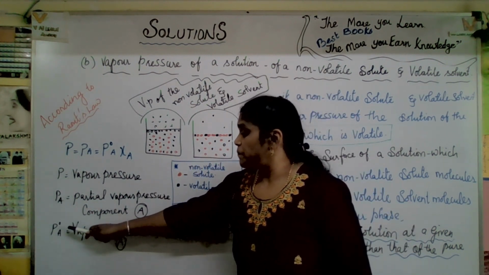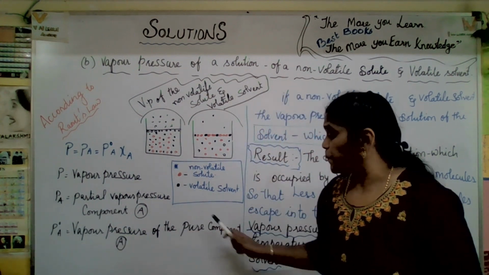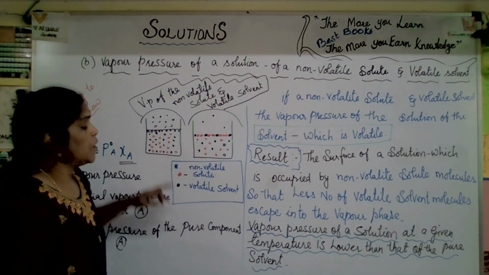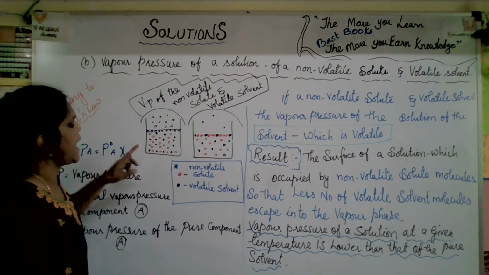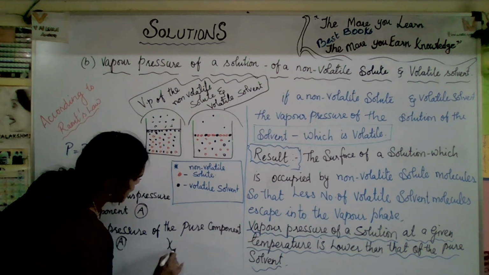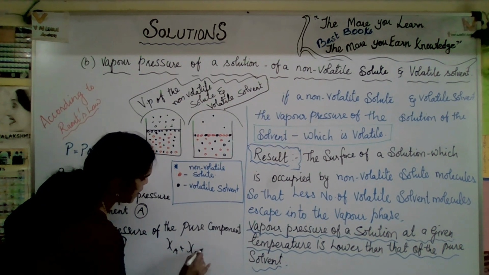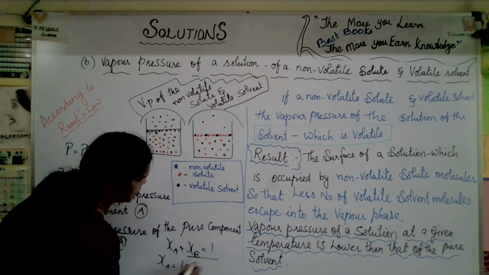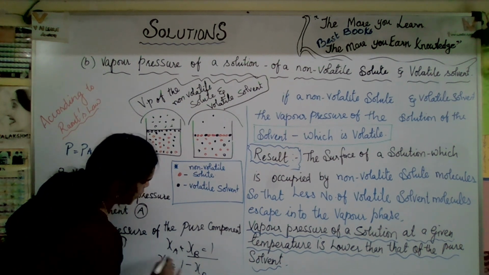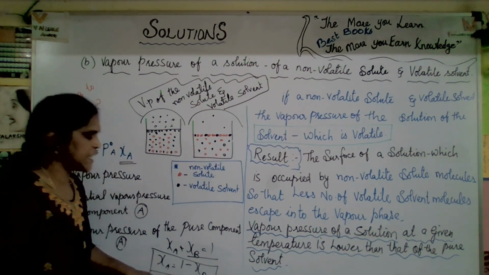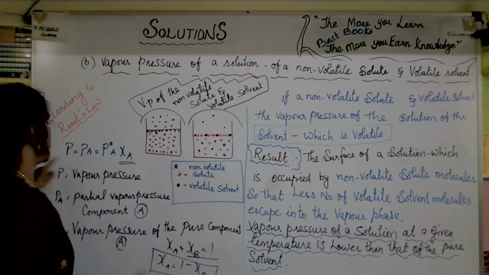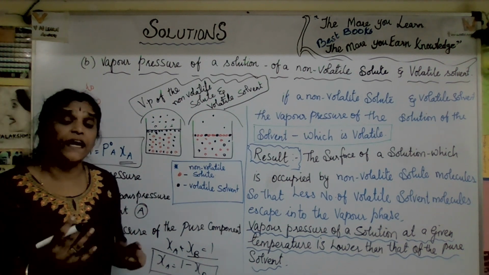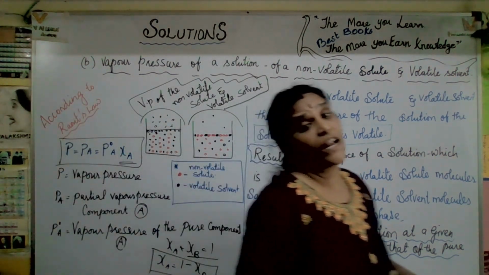P naught A is the vapor pressure of pure component A. Now, the mole fractions of components A and B: chi A plus chi B equals 1. So we can write chi A equals 1 minus chi B. We can apply this equation here. Hope you got an idea how to write it. Now, this will lead to the relative lowering of vapor pressure.